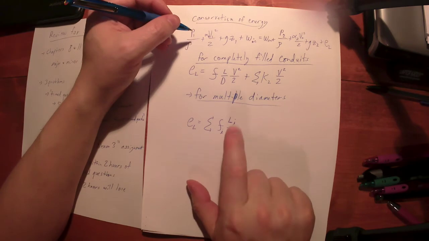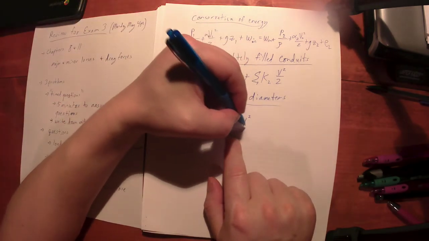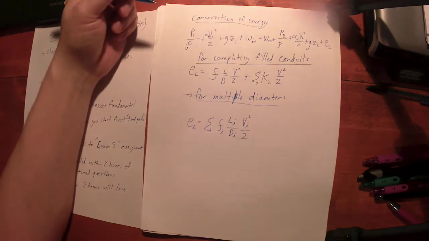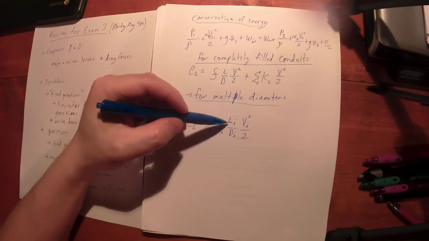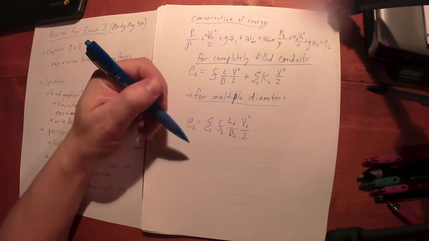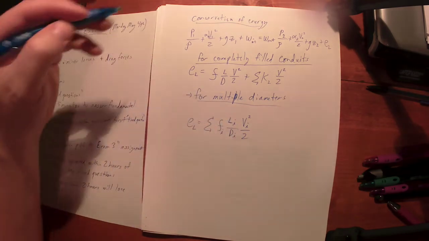So for every diameter of pipe or conduit, I'm going to have a different average speed within that conduit. I'm also going to have a different length and a different Darcy friction factor for every individual section of conduit that has a different diameter. All these terms are going to be different.